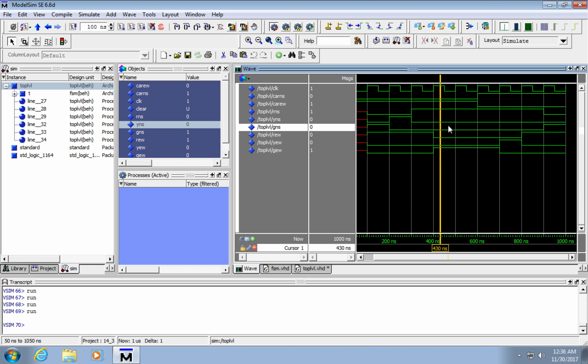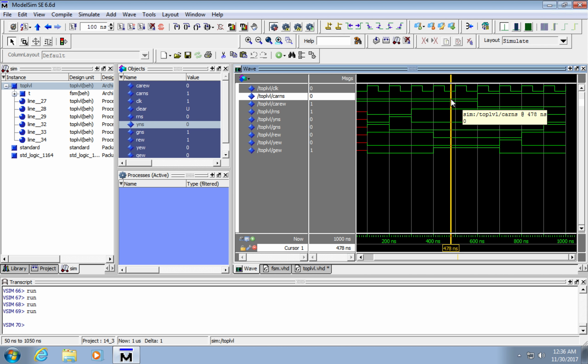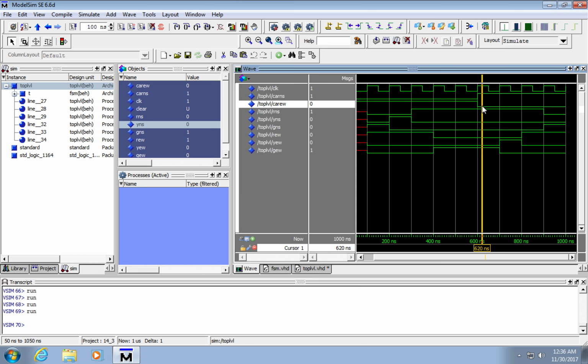As long as car east-west, or car EW, is high, it will remain green and remain in state 3, until we change it to car east-west is 0 and car north-south is now 1.